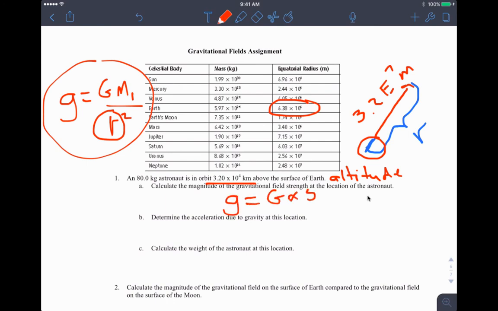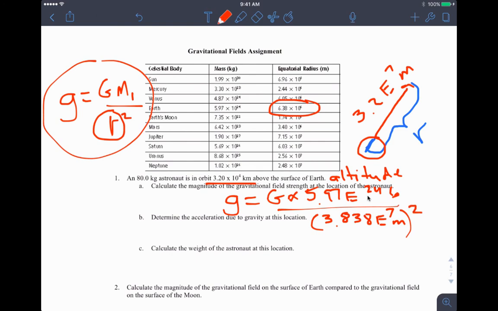So you have to use the mass of the Earth. It's 5.97 times 10 to the 24th kilograms. And you have to divide that by the sum of those numbers, which is going to be, I think, 3.838 times 10 to the 7th meters, and you can check that.